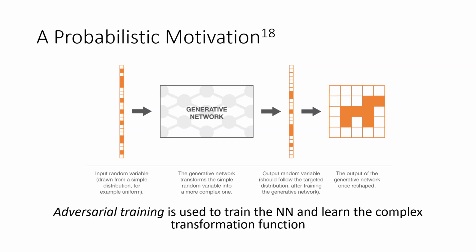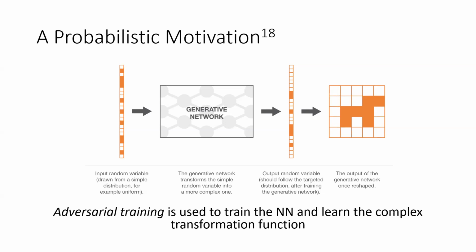So for example, here, assume that we have simple images of, say, creatures. In order to create a new creature, after we have learned the GAN, we sample from a normal distribution or a uniform, some simple distribution. We pass it through the GAN, which gives us a new vector, and once we reshape it into an image, that gives us a valid image of this creature.